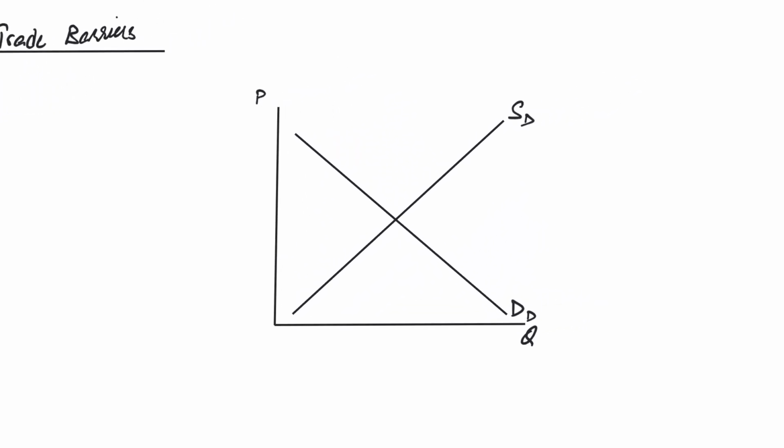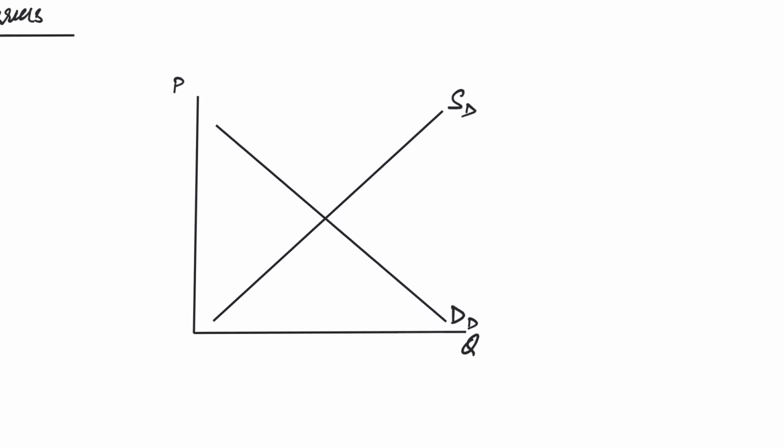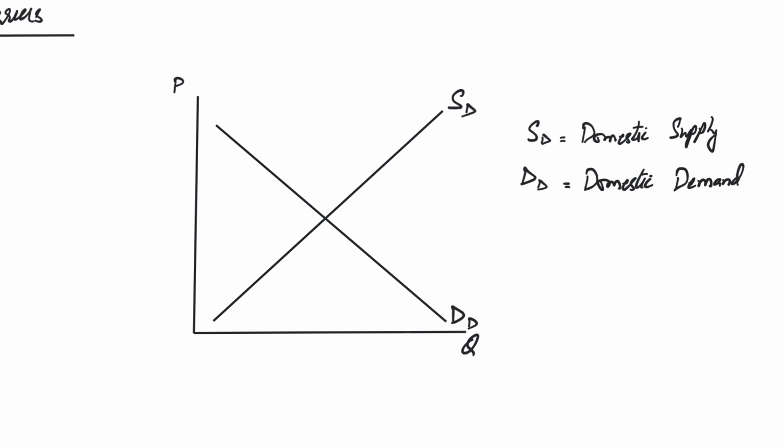What it basically means, S के साथ जो D है, it basically means domestic supply, और DD के साथ this is domestic demand.